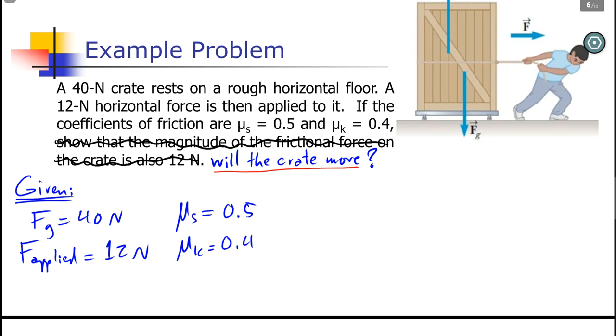We don't know what the floor or the crate is made of, but we're not concerned with that. Our goal is simply to find if there's any acceleration at all. Is there going to be any movement? Any velocity? Any acceleration? And you'll find out.